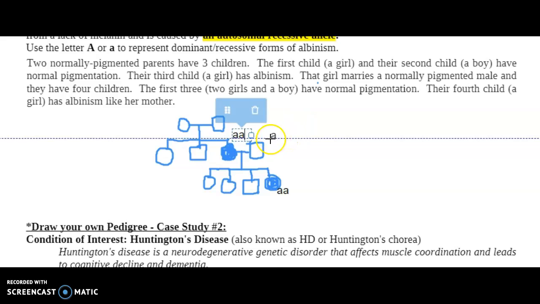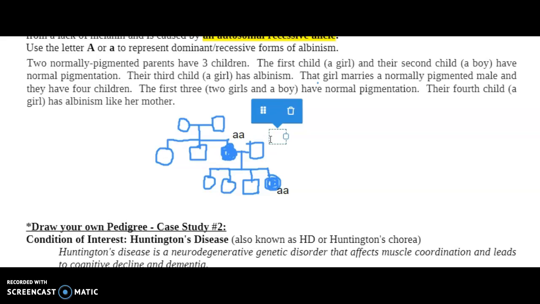Okay. Dad right here is showing the dominant trait, so he has to have at least one big A, we know. But we know because this child has little a, Mom gave one of those little a's, but Dad also had to give a little a, so he would have to be big A, little a. And that's another one of those test crosses where some have the trait and some do not. So that's what that one looks like.